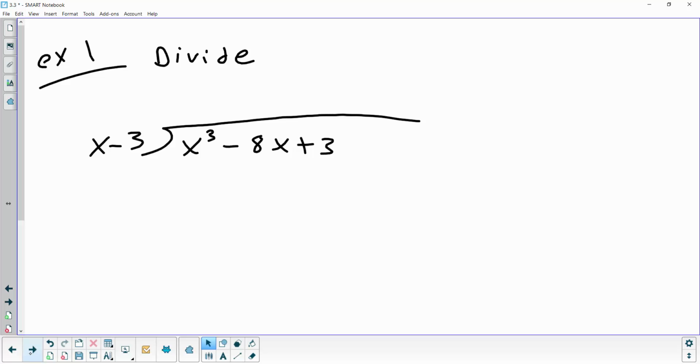What's the first thing I have to do in this case, just to get this problem set up right?